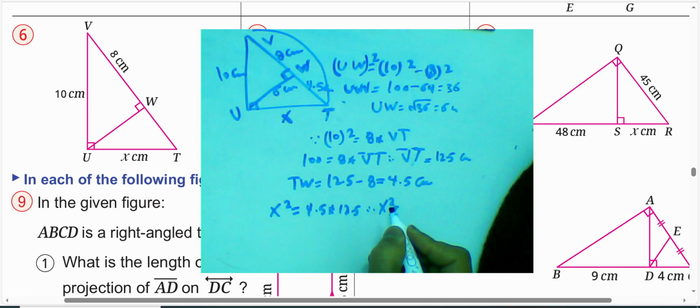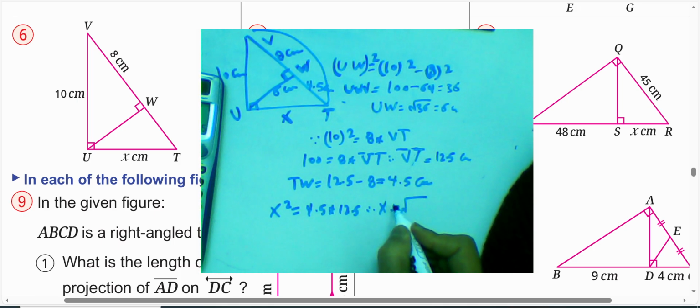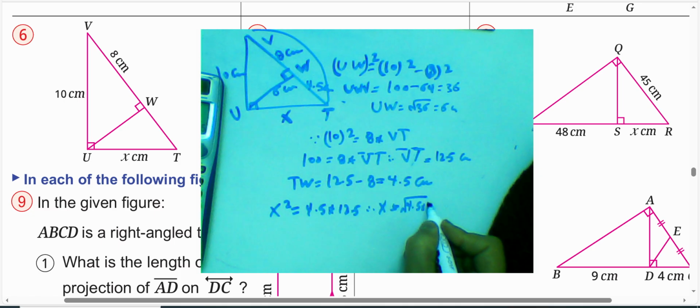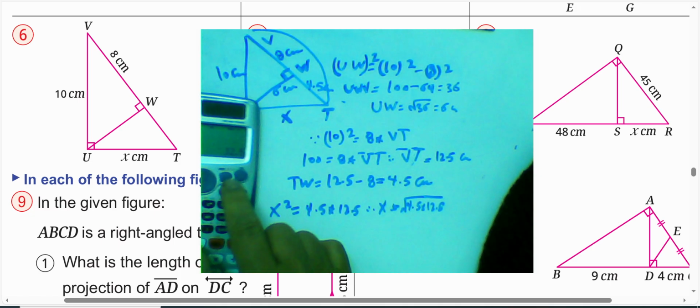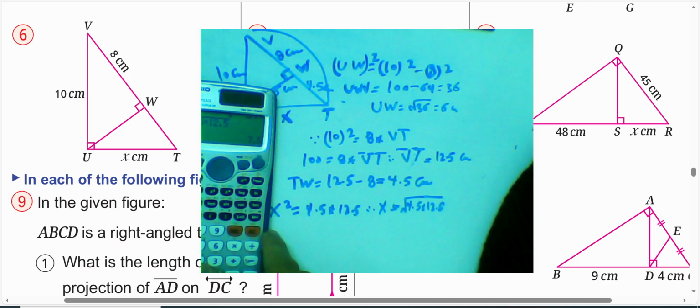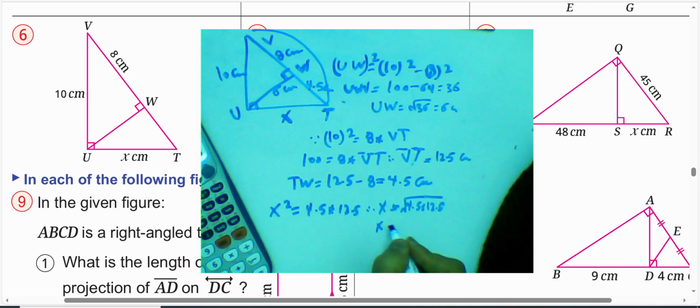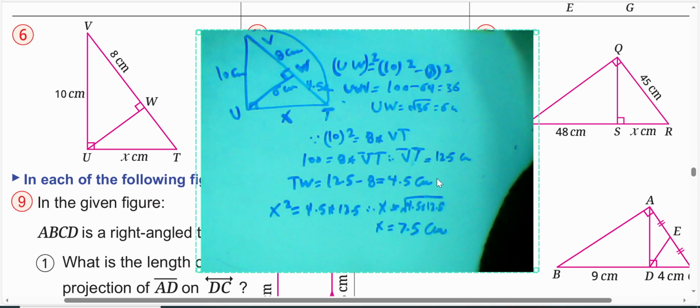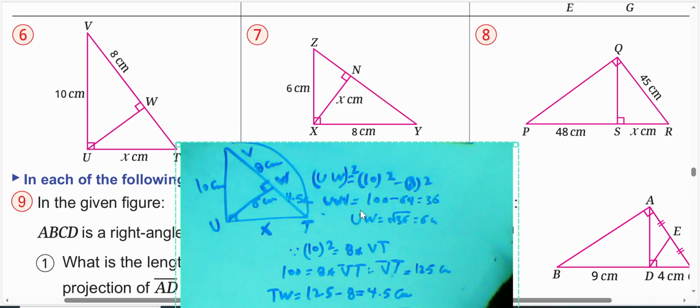Then x equal square root of 4.5 product by 12.5. 4.5 times 12.5, the square root equal 7.5. Then x will be 7.5 centimeter. It's the length of x. Next question.